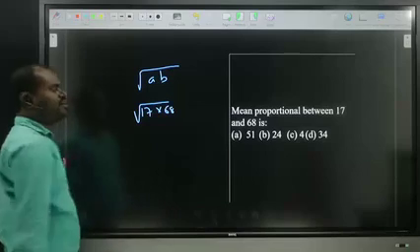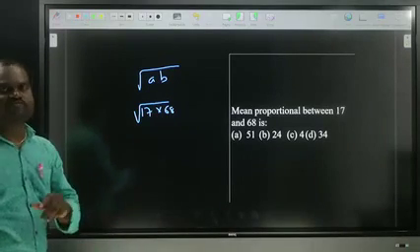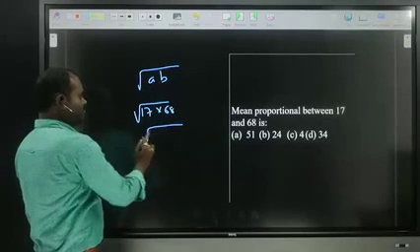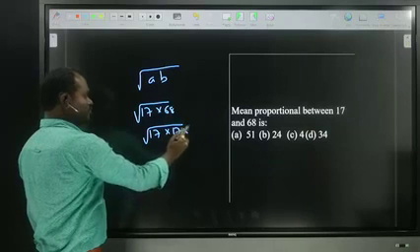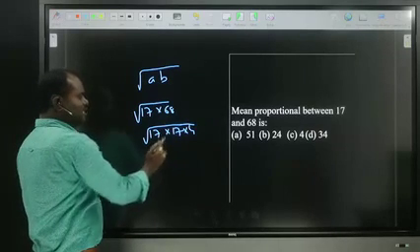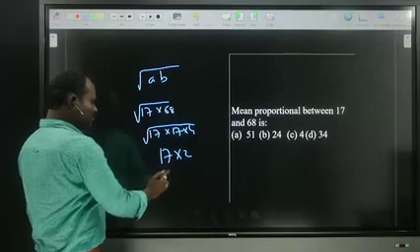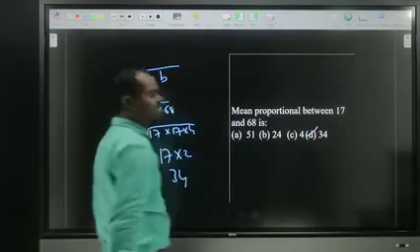Don't multiply, as the number becomes bigger and we again need the square root. Instead, break it. 68 is 4 times 17, so root 4 is 2, and 17 times 2 is 34. The answer is option D, 34.